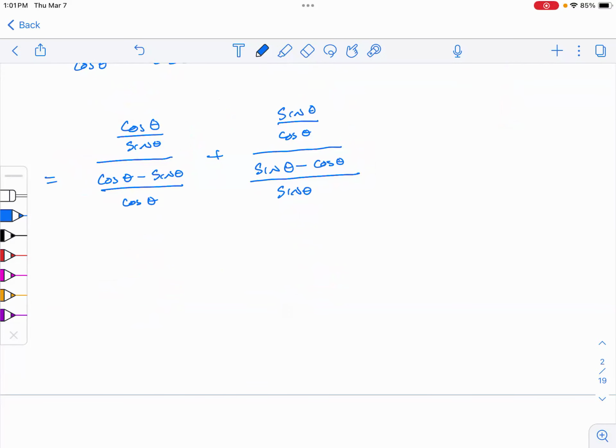And now I'm going to leave it, change it, flip it individually. So I'm doing leave it, change it, flip it on each of these. This is one and this is one. All right, so we have two complex fractions, and I want to do leave it, change it, flip it on each of them because it's just too much to handle at the moment.